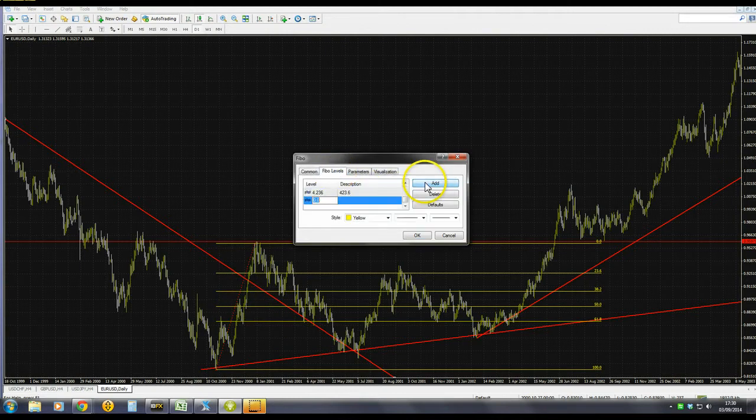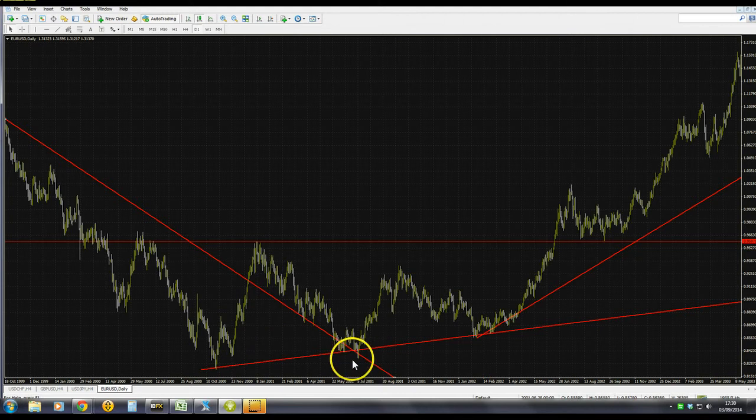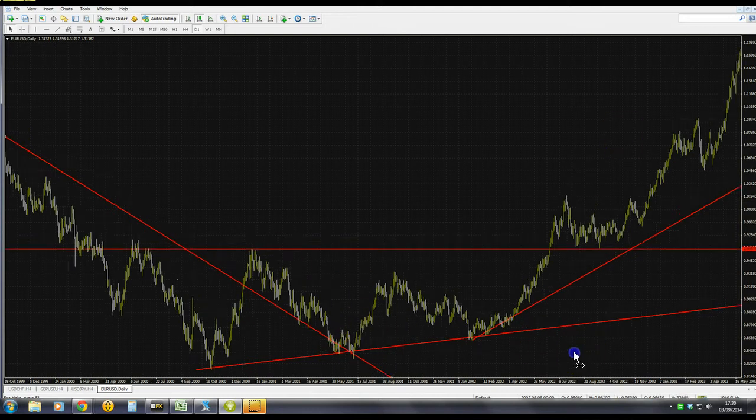I'll just draw in this 78.6. There you go. Fair enough, we went a little bit beyond it there, but might have found some support somewhere. But anyway, the price went up, came down, and then it continued on up the way.